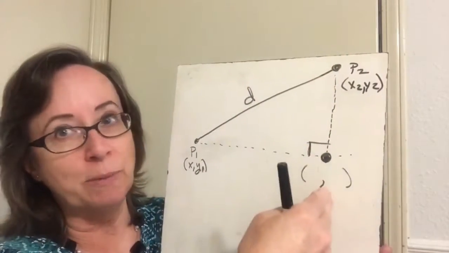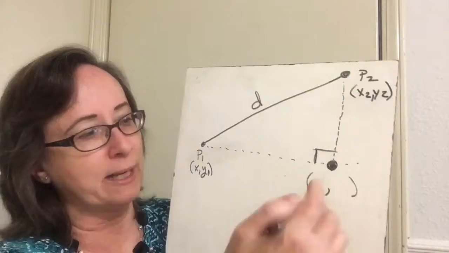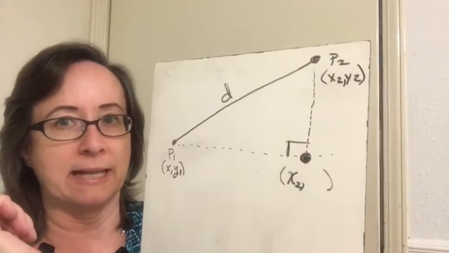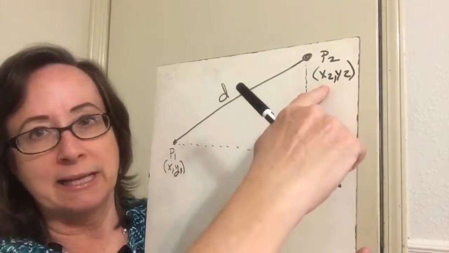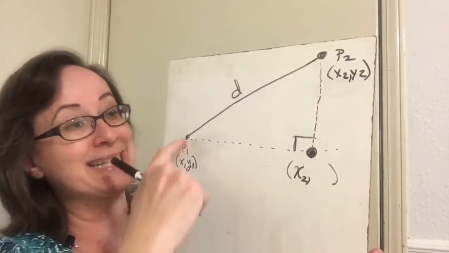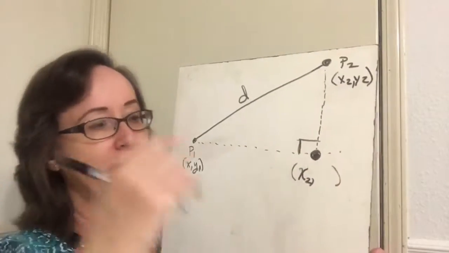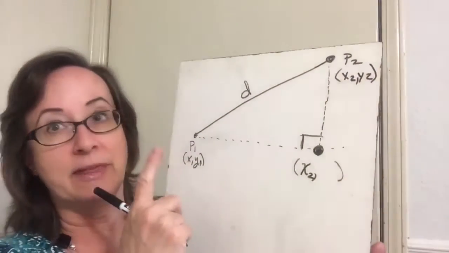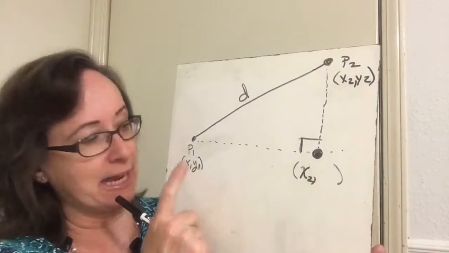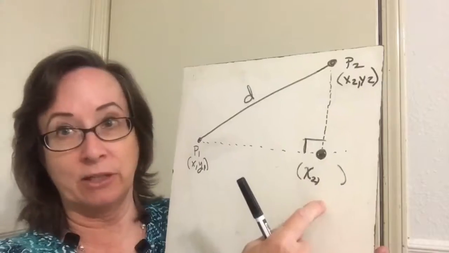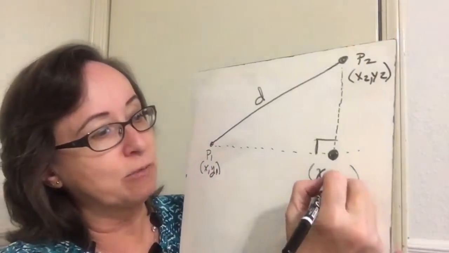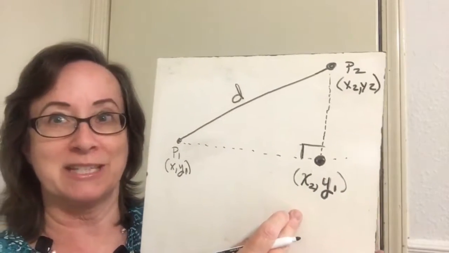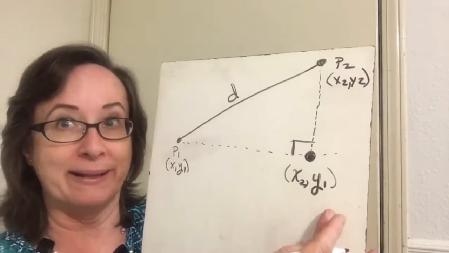Since the new point is directly below, it's going to have the same x value as P2 does. So I'm going to put an x2 because that's what that one is. Since it is exactly the same height, the y's are exactly the same between P1 and the new point. So the y value will be y1. So we do have coordinates for this new point, x2, y1.